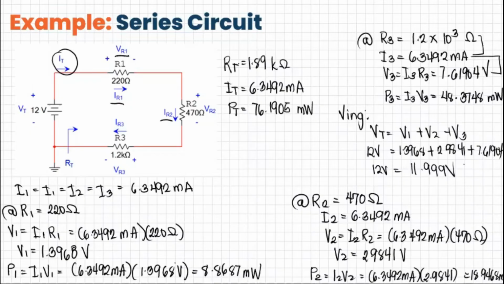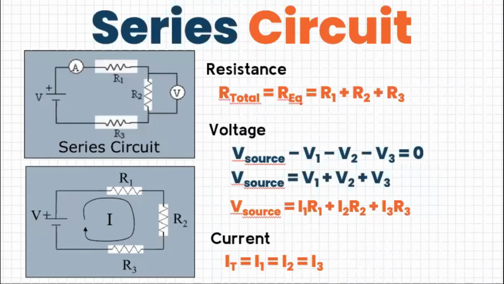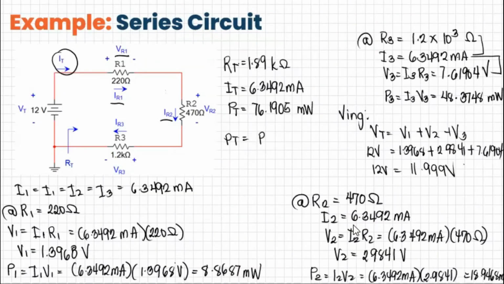How about power? How do we check power? Power PT is the same. According to our definition, power is a measurement of how much energy is absorbed and used by that specific circuit. So the summation of the individual power absorbed should be equal to the total power source.